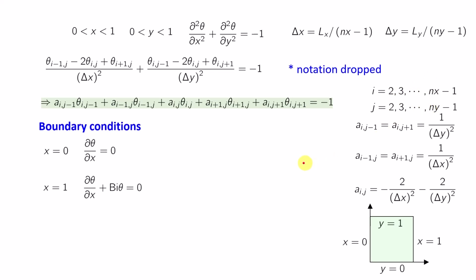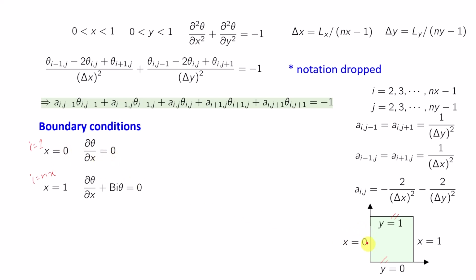So the boundary conditions will be applicable at x equal to 0 and x equal to 1, which corresponds to i equals 1 and i equals nx. And also in y direction, y equals 0 and y equals 1. So let us first try these two.